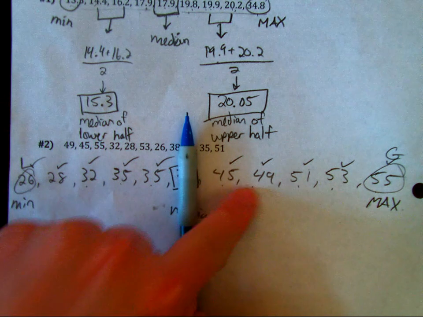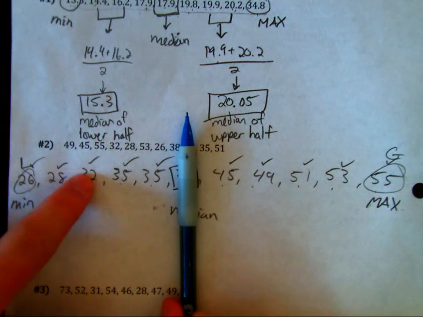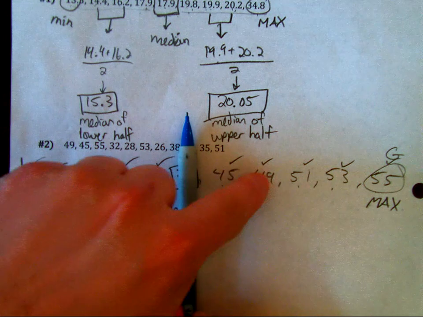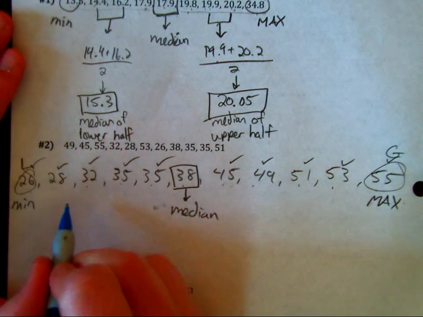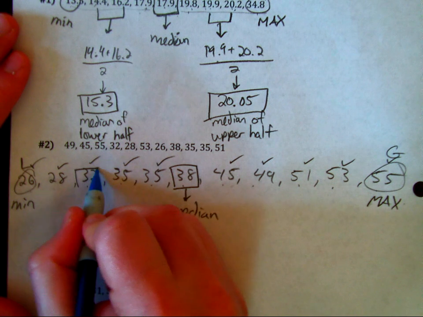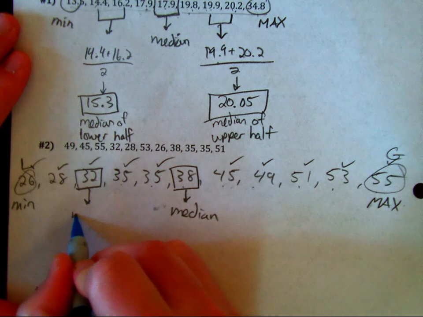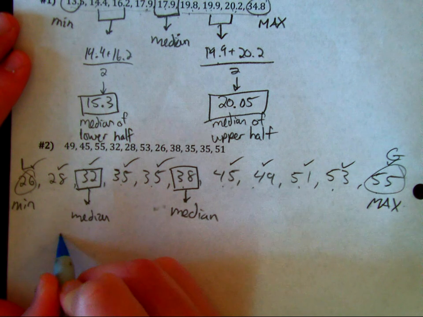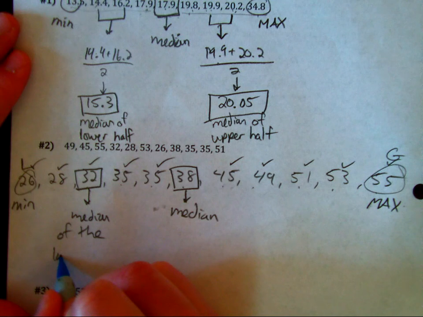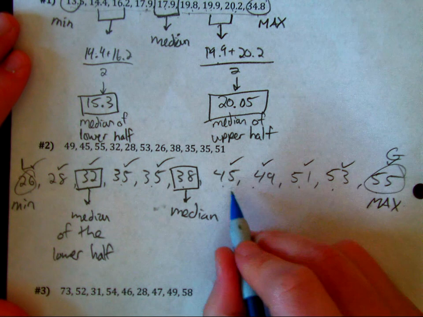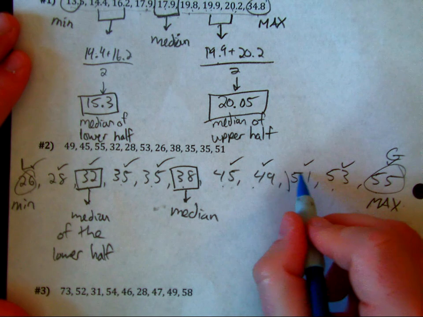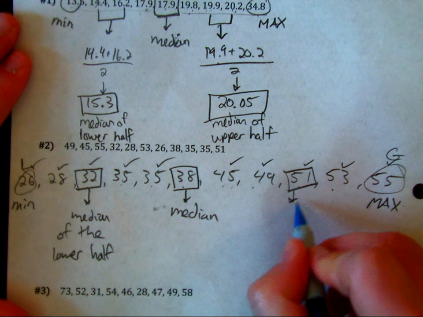So I have 1, 2, 3, 4, 5, and 1, 2, 3, 4, 5. Very good. Since I have an odd number again, I can just pick this middle number and say that's the median of the lower half, and pick the middle number and say that's the median of the upper half.